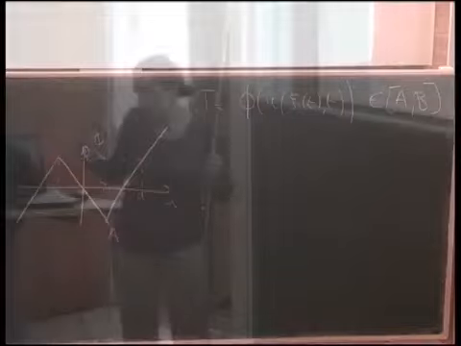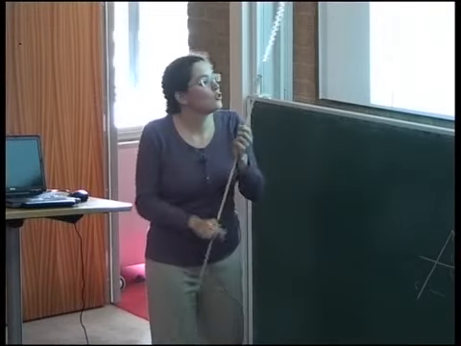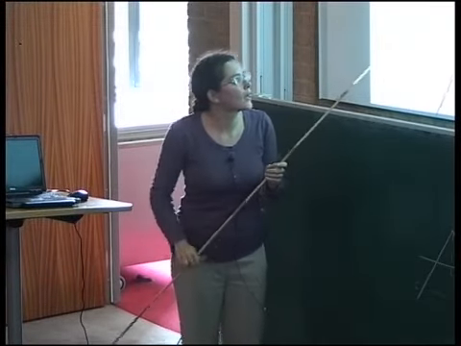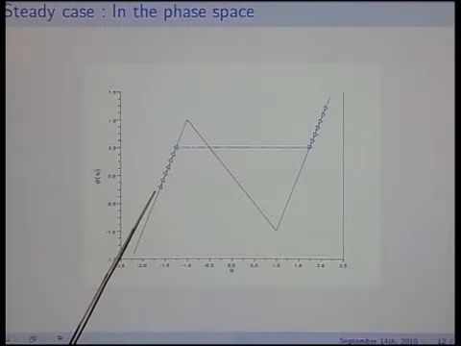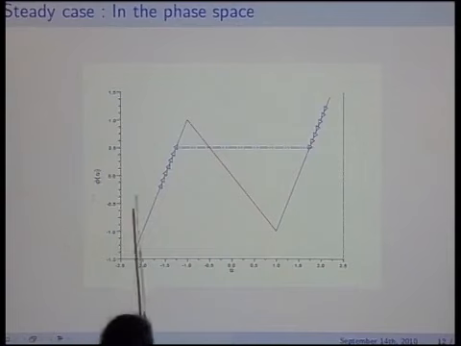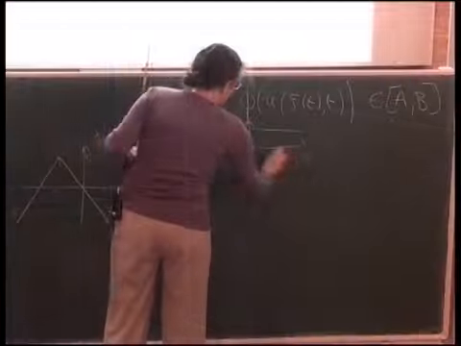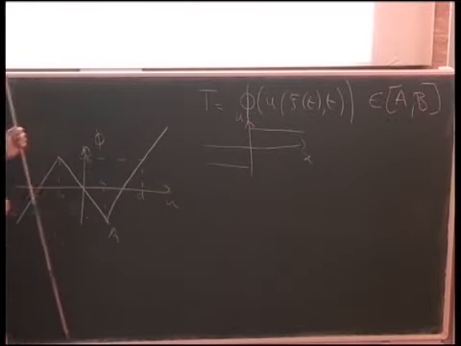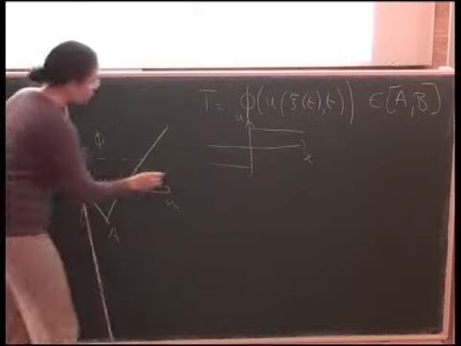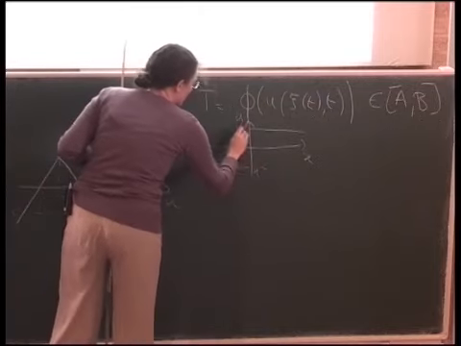So what does it mean in the u, phi of u plane? It means that if you start, so here is the initial condition, for a Riemann problem, for example. So you have something like this initially. This is x and this is u. This is u minus and this is u plus.